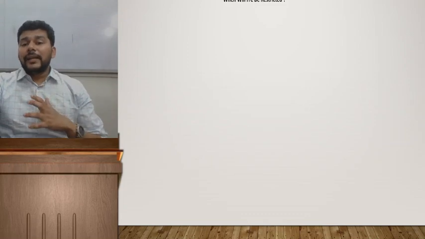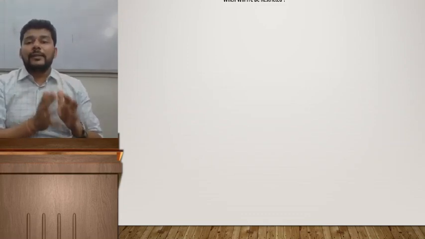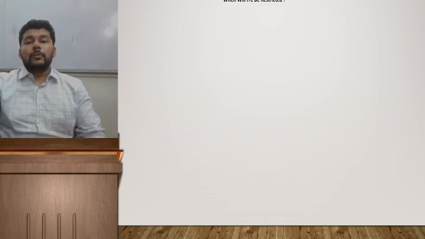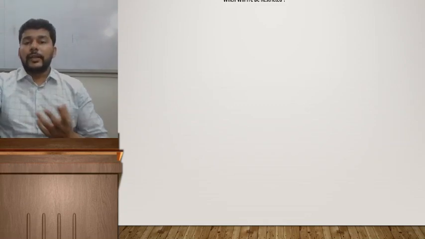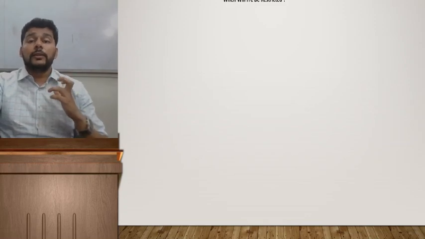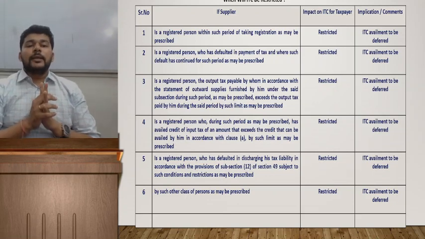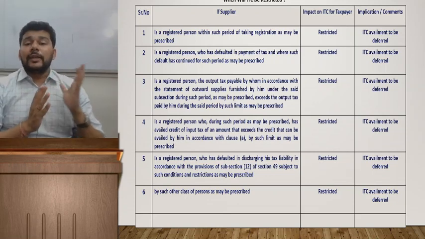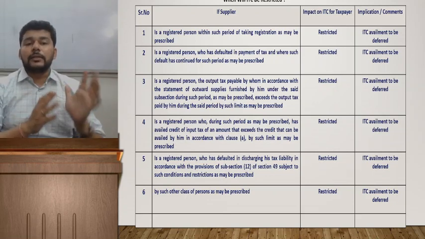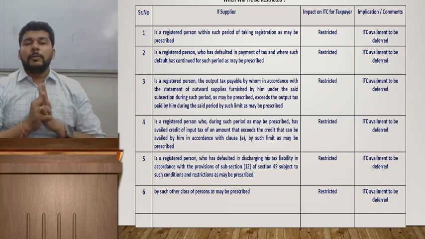Now, this completely depends on the supplier's compliance level, whether the recipient is going to be in a position to claim the credit or not. So let us see the various scenarios where the input tax credit might be put under the restricted category. The first one is if it is received from a supplier who is a registered person within such period of taking registration as may be prescribed.